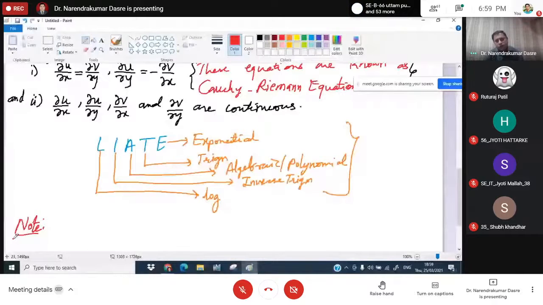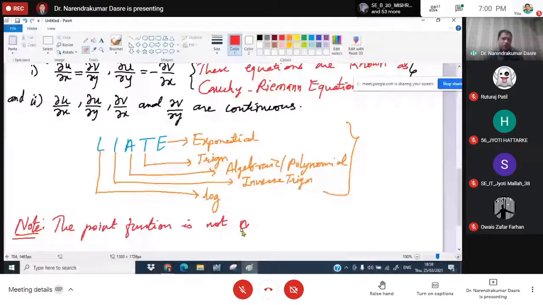The point function is not continuous. What does it mean? Okay, so what happens if all the derivatives are equal to 0? Suppose ∂w/∂x, ∂w/∂y are going to be 0.